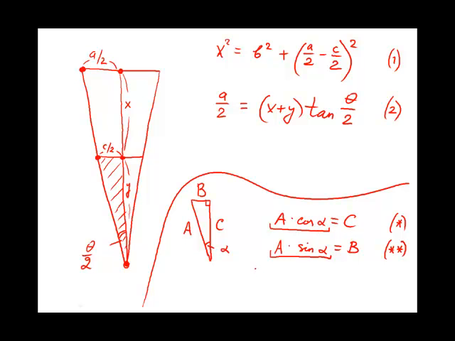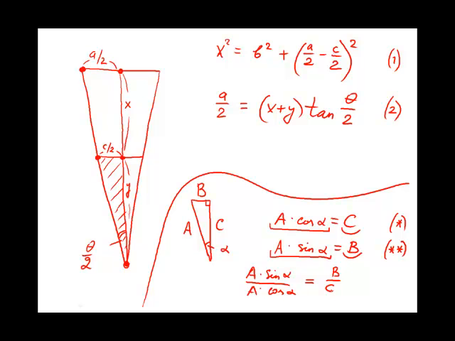What do I get? I get tangent alpha, don't I? So I divide A sine alpha by A cos alpha. That's what I have on the left. What I have on the right? On the right, I have B over C. Is that so?